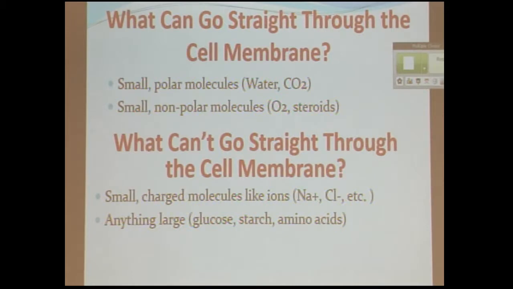Your steroid hormones are also small and nonpolar. And that's because, do you think nonpolar things are hydrophobic or hydrophilic? They're hydrophobic.